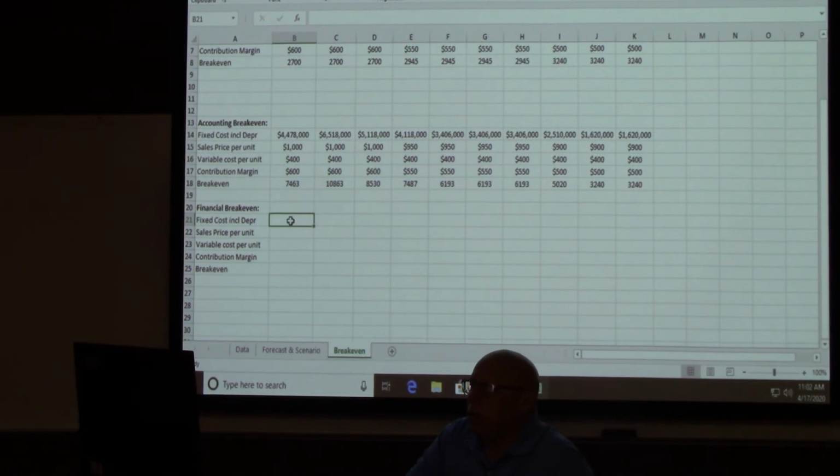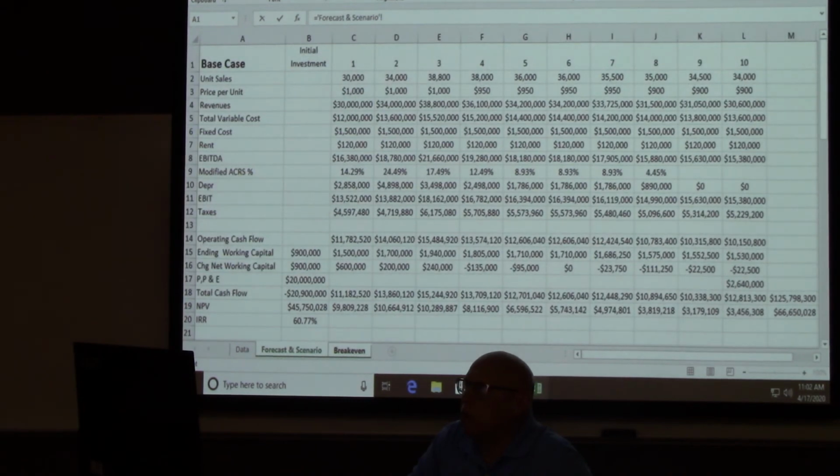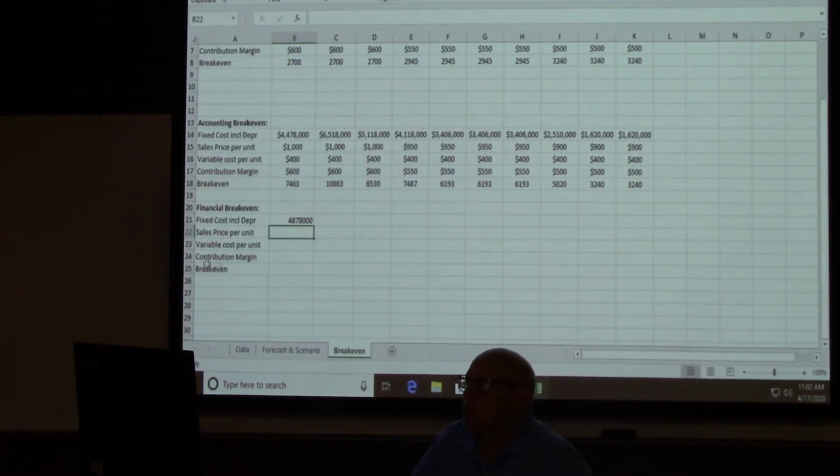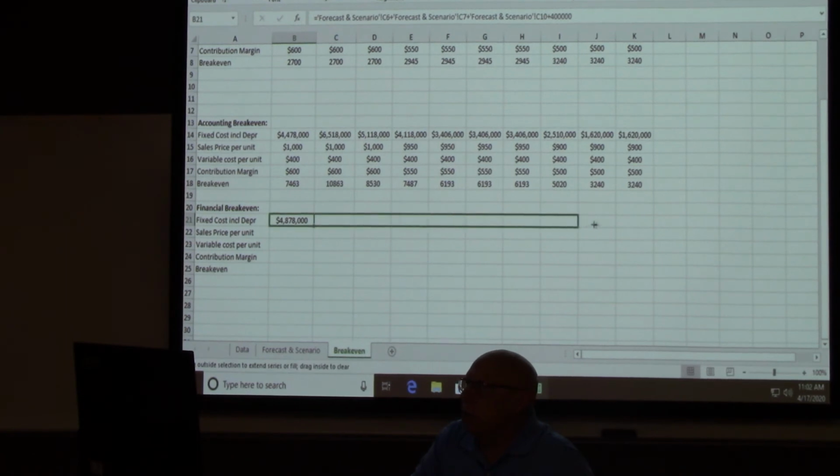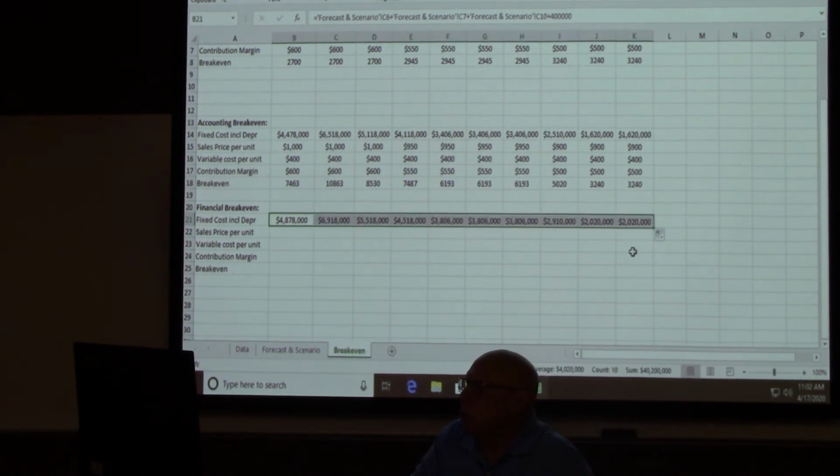All right, now the financial break-even is equal to the fixed cost plus the rent plus the depreciation plus the $400,000 in interest. All right, and so let's include that.